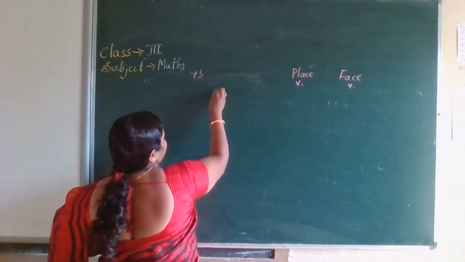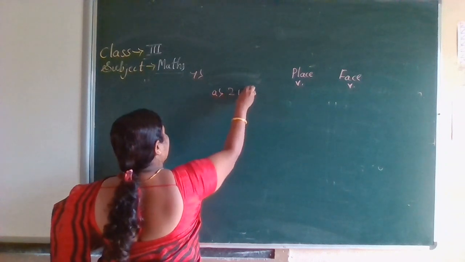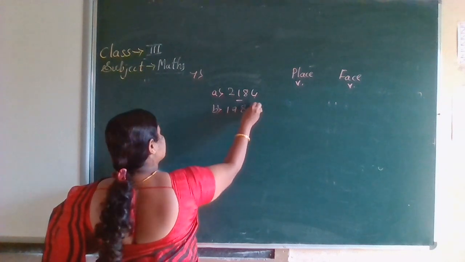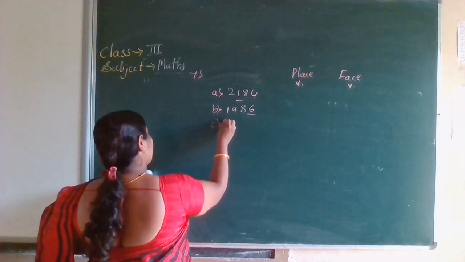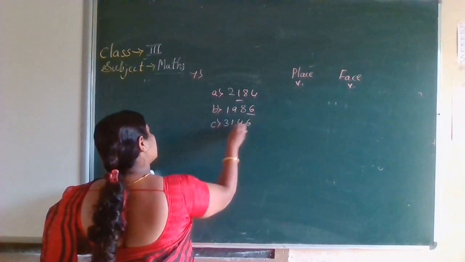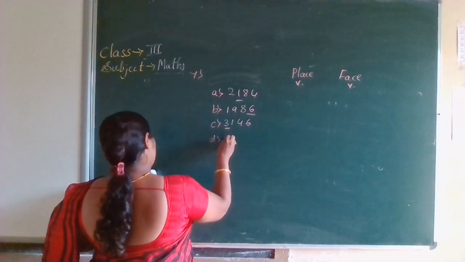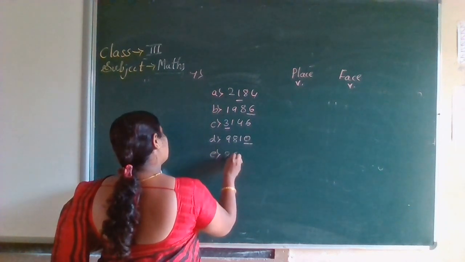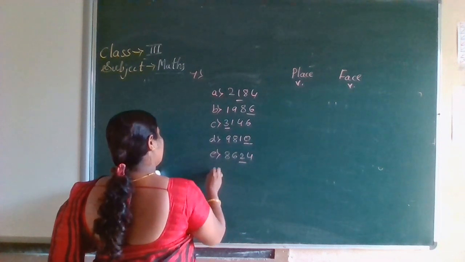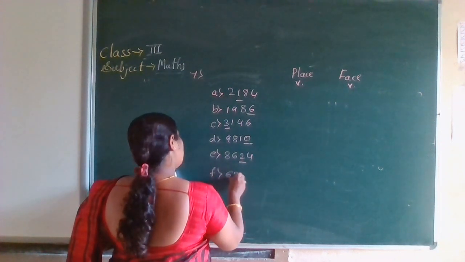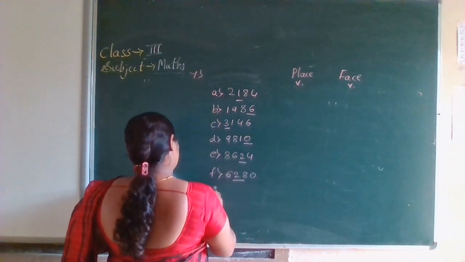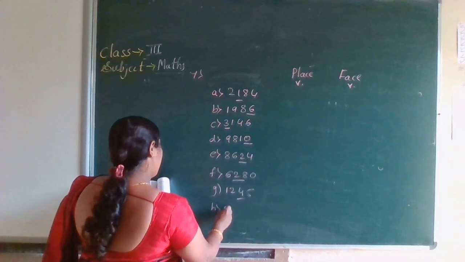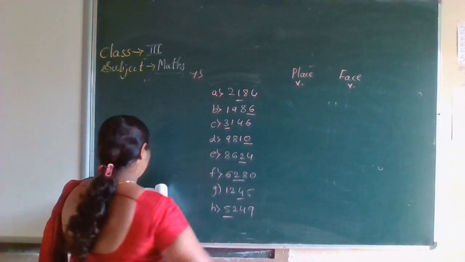The questions are: 2184, B: 1986, C: 3146, D: 9810, E: 8624, F: 6280, G: 1245, H: 5249.